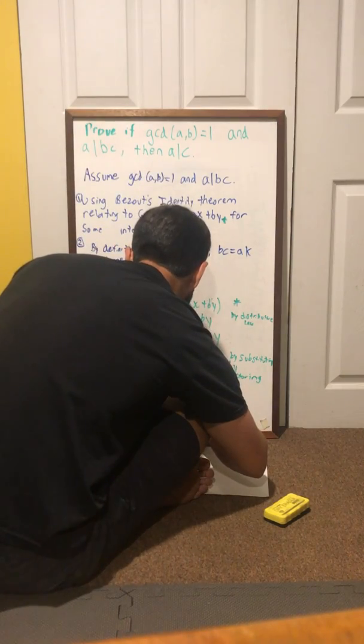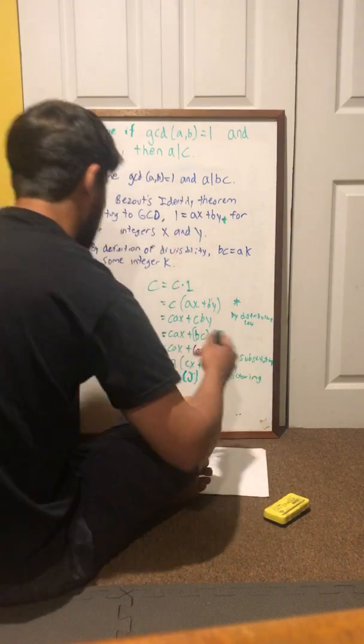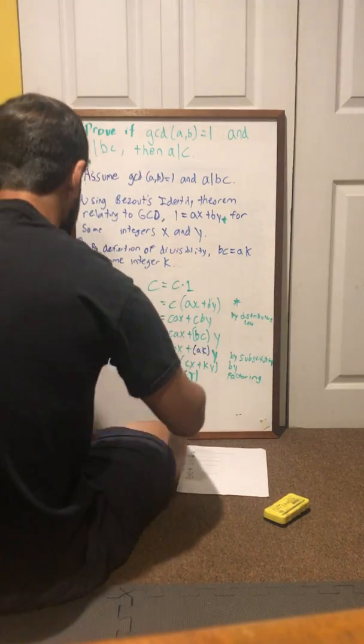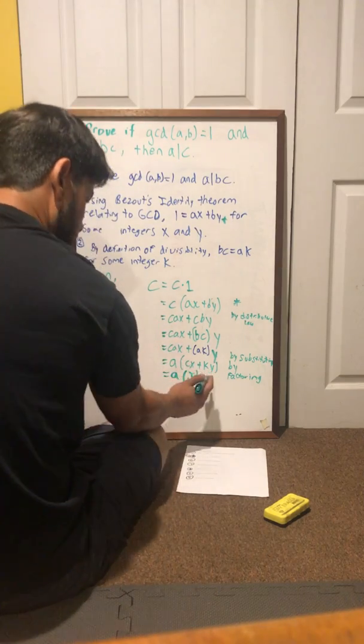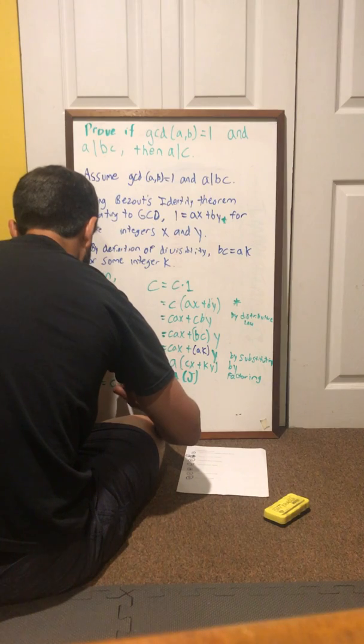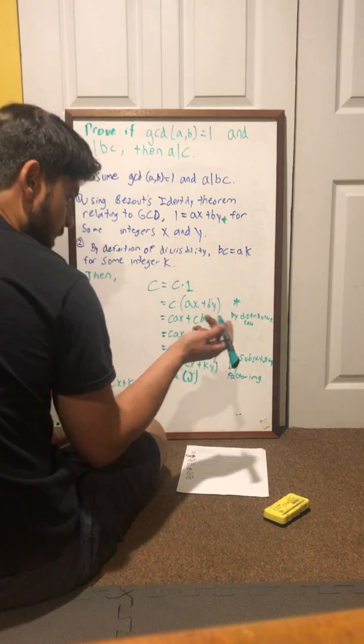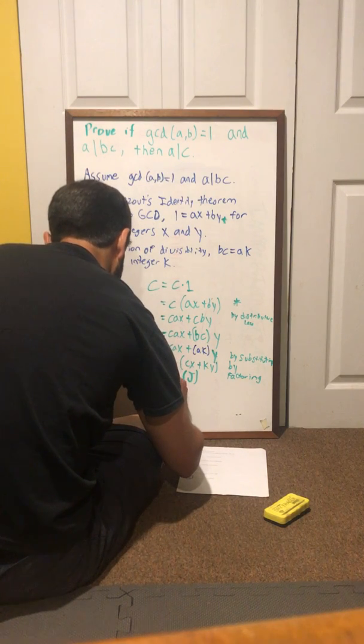So C equals A times J, we'll say, for this problem, where J equals CX plus KY, and J is an integer.